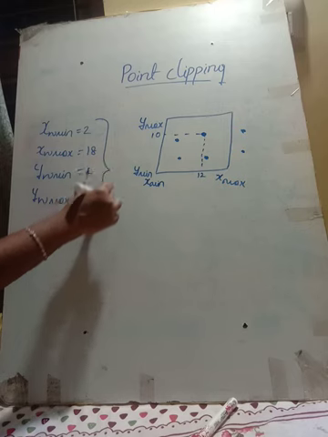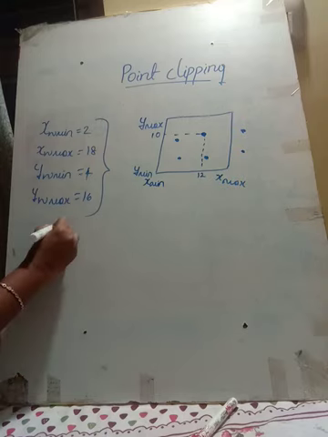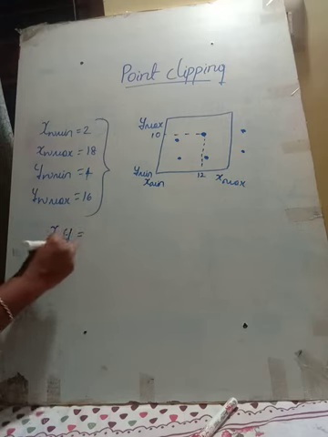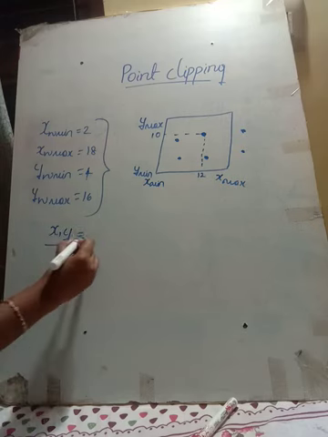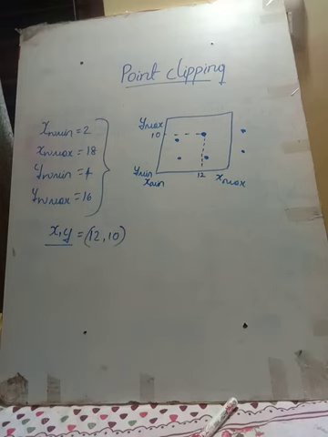Okay, these are the coordinate values. Now each point value we need to consider. We'll take an example of x comma y value for one point. That x comma y value here is 12 comma 10.